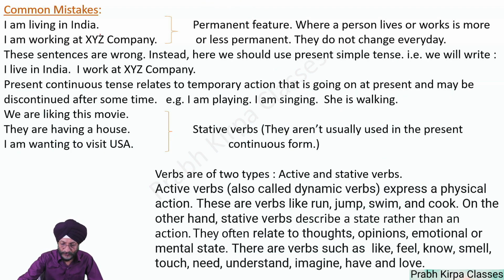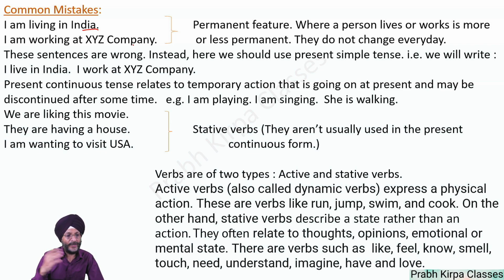Common mistakes which we normally make while forming or writing present continuous tense. I am living in India. I am working at XYZ company. Here you will see when I am living in India, it is a permanent feature. When I am working at a company, I am not likely to leave the job immediately.